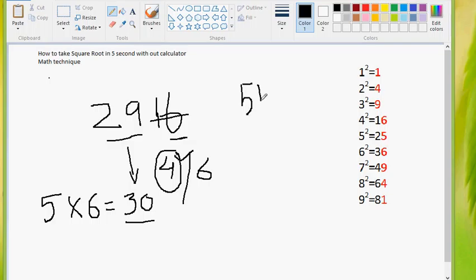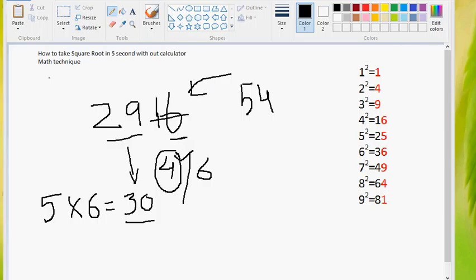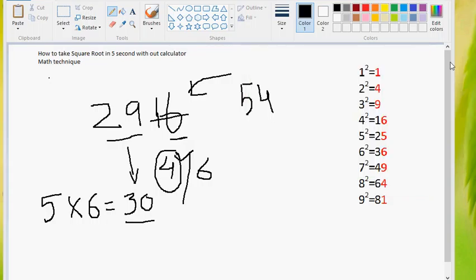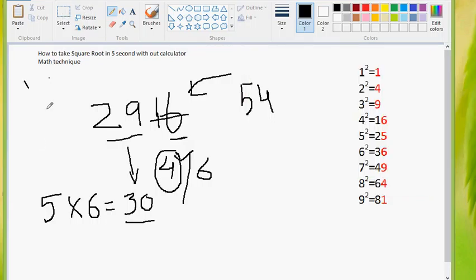It means 54 is the root of 2916. Let's check. 54 multiplied by 54 gives 2916, and its root, yes, 54.